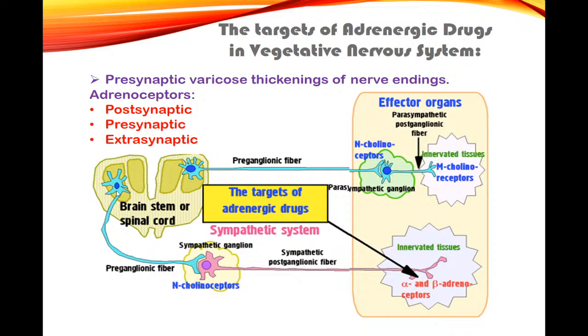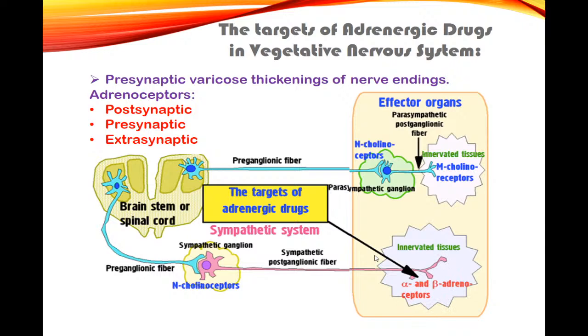Sympathetic, central neuron is cholinergic, so for action on ganglions, we use cholinergic ganglionic blockers, but second ganglionic neuron is adrenergic. It means in neurons noradrenaline is synthesized, and in synapse to effectory cells noradrenaline is released.